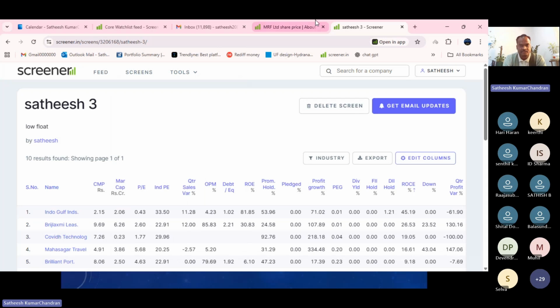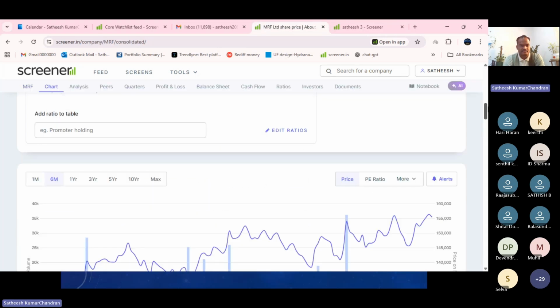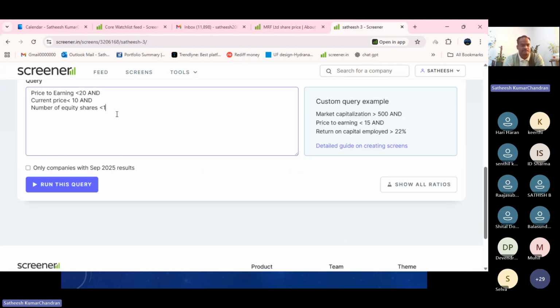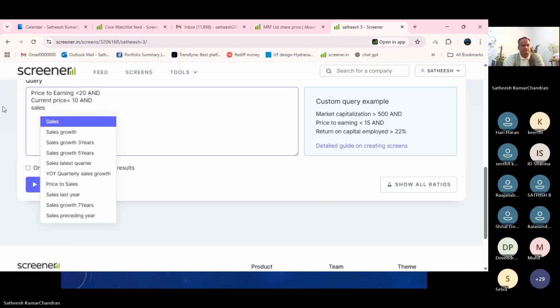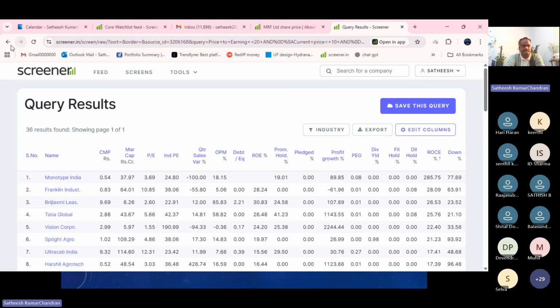Okay. So this is a point. And we can scrutinize our screens like sales growth, profit growth, sales growth 3 years greater than 30%, like that.